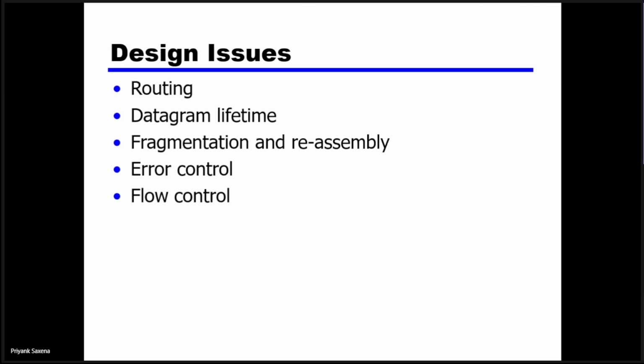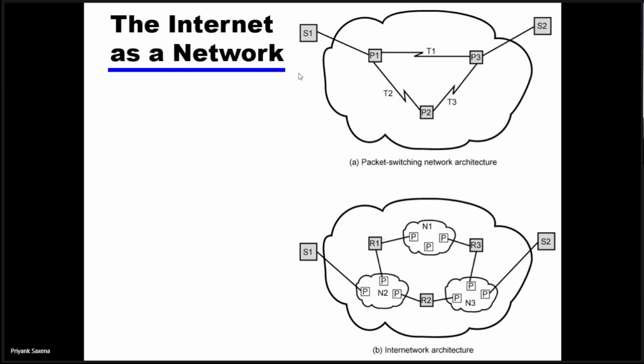So routing is basically, we say about the internet as a network. You can see it's a packet switched network. You can see that there are different routers. These are the end users S1, S2. It is a packet switching network, and this is basically the internet.